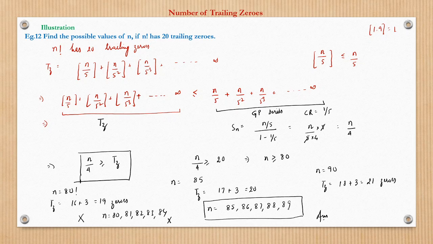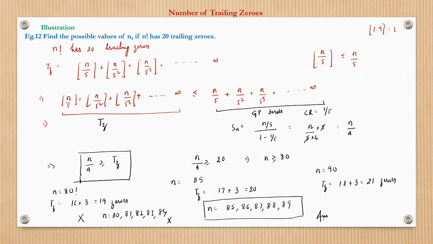So this is the answer, but as a concept we learned that 80 factorial has 19 zeros, and the same number of zeros will be there in 81, 82, 83, 84 factorial, because all have the same number of 5s. Now the next multiple of 5 from 84 is 85, so it is another multiple of 5. So it will have one more zero, that is 20, and the same number of zeros from 85 to 89.